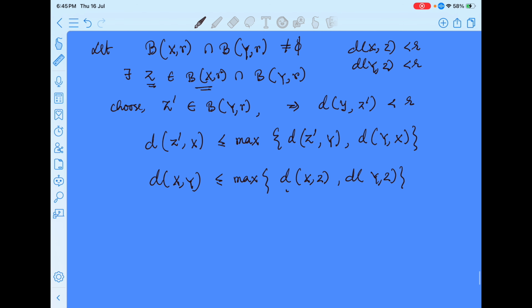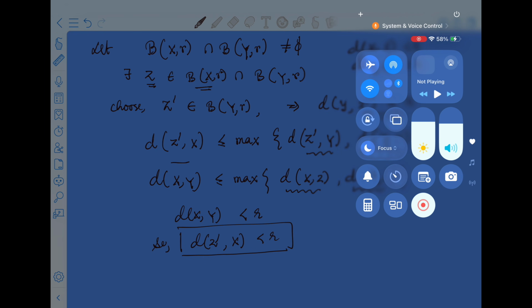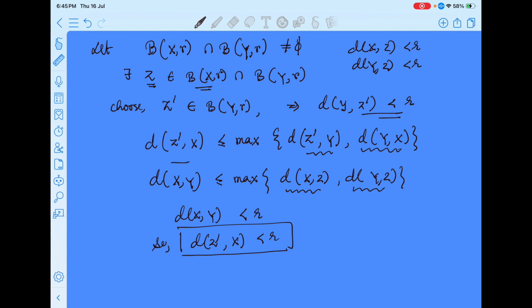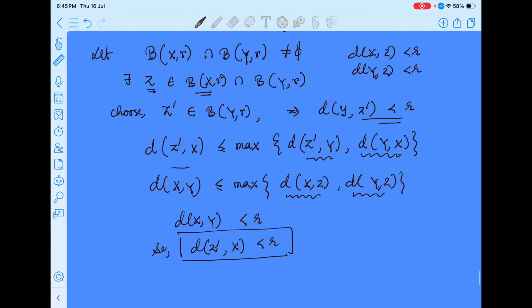So this is strictly less than r, this is strictly less than r, so then we have d of x comma y is strictly less than r. So this thing is strictly less than r, and d of z prime comma y is strictly less than r by this. So we have this guy, d of z prime comma x, is strictly less than r. Okay, so what does it imply?